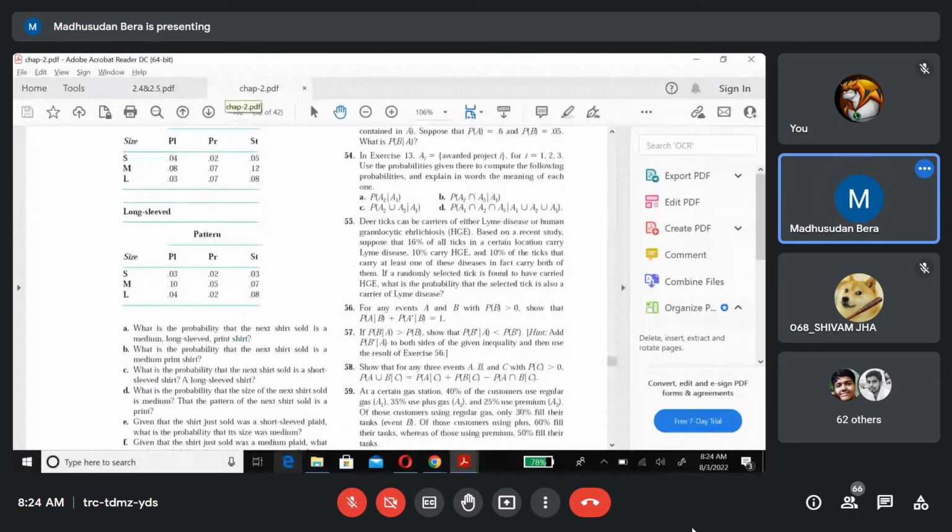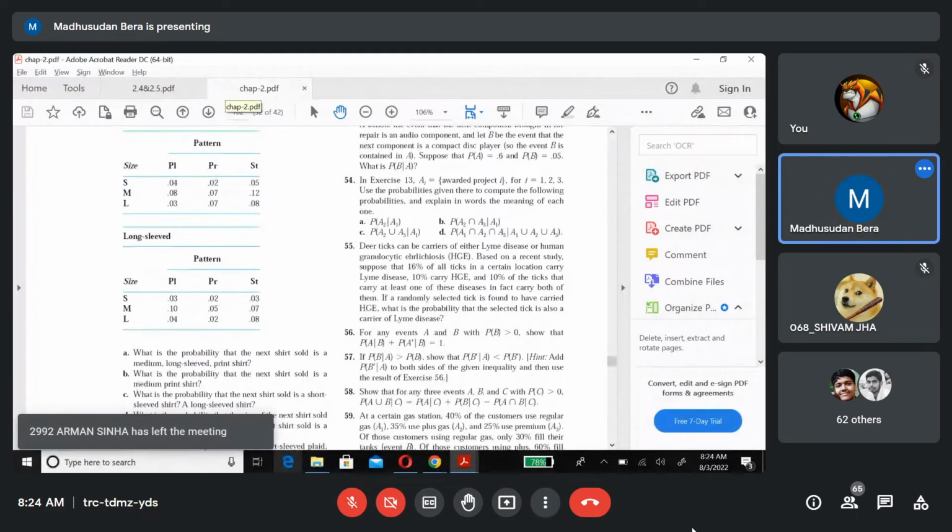D. What is the probability that the next shirt sold is medium? Only the size is given as medium, with no condition on pattern or sleeve. So it will be either short sleeved or long sleeved. Pattern does not matter, it may be plaid, print or strip.